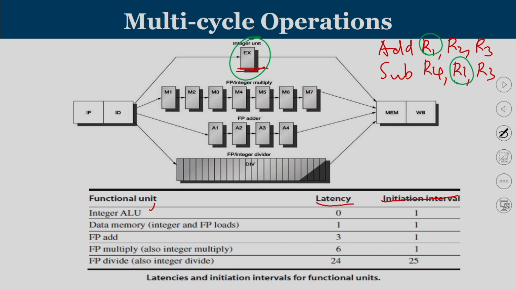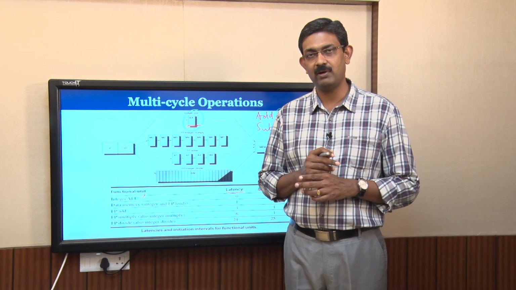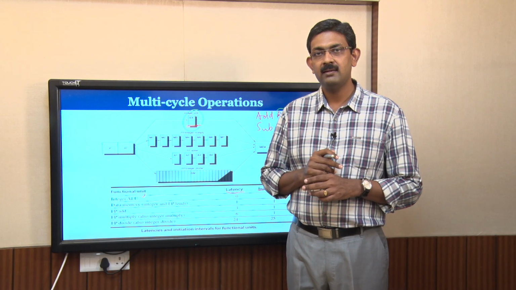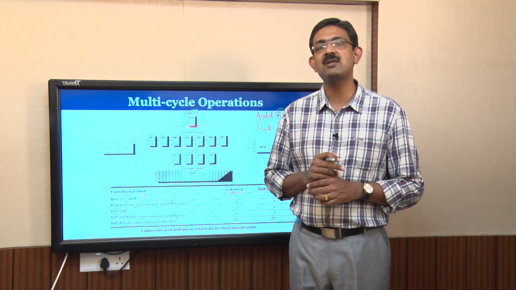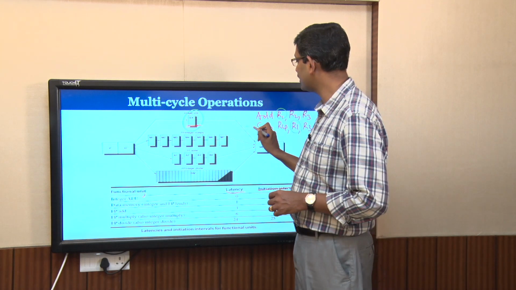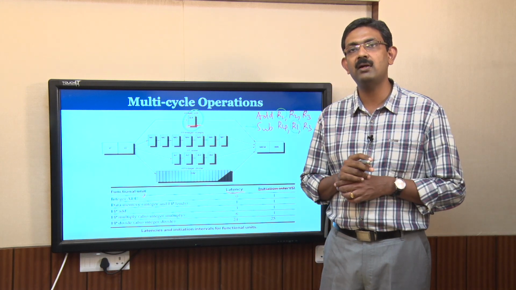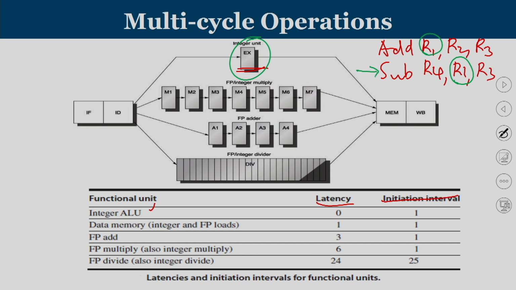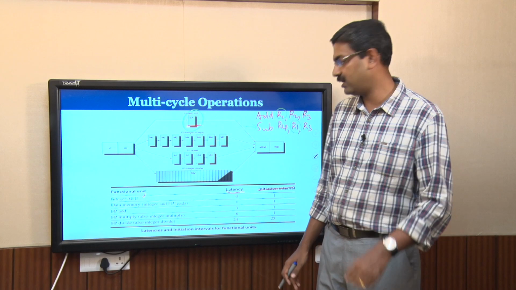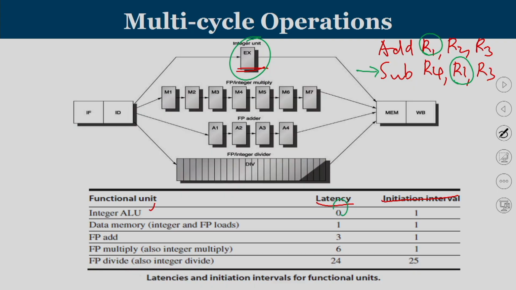So it is basically an EX unit to EX unit operand forwarding, and there is no delay or extra stall that you have to provide for the second instruction. The second instruction can run in its assigned pipeline unit. Basically between these two instructions there is a 1 cycle normal shift that happens in the pipeline, and no extra shifting is required. That is what is called a latency of 0.